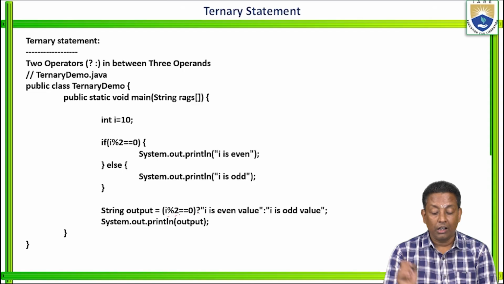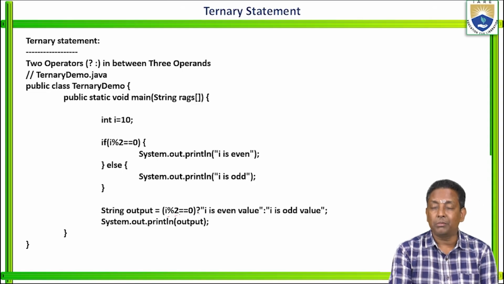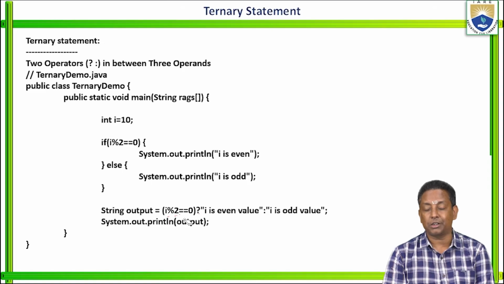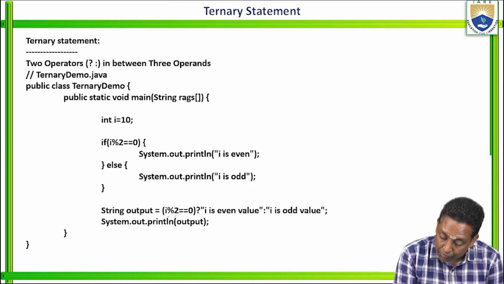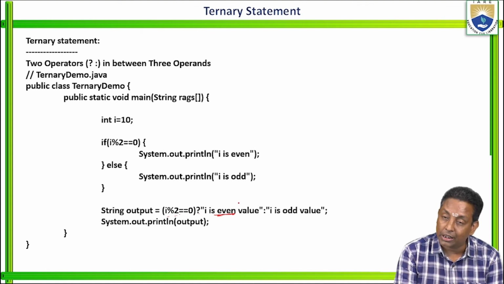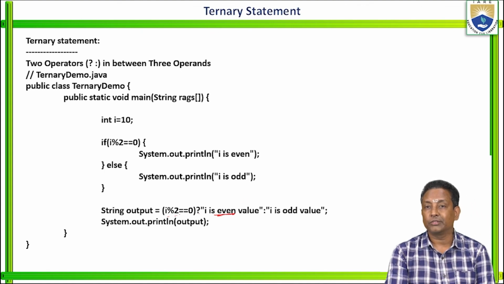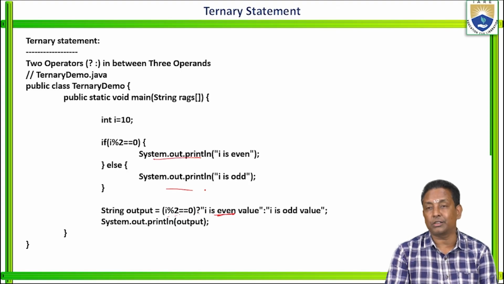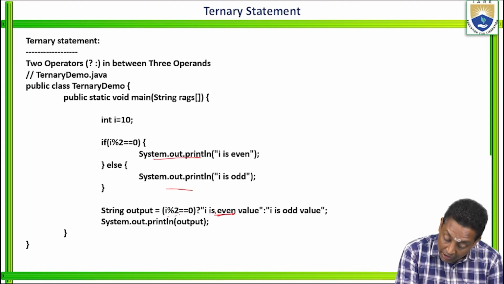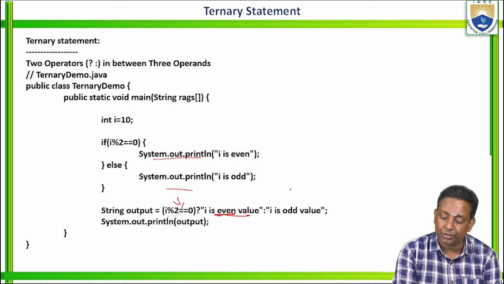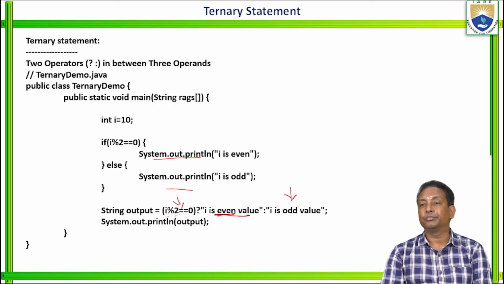And the other limitation of the ternary operator: the one and only statement written inside, if the condition is satisfied, should be a returned value, a return statement. We cannot write something like a simple System.out.print statement. We should return a value if the condition is satisfied, and if not satisfied, we should return another value.